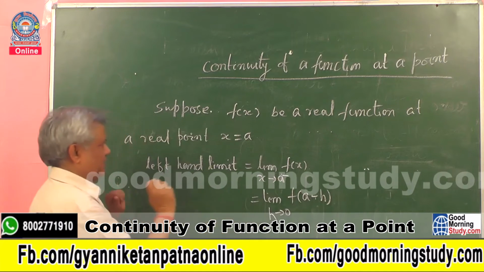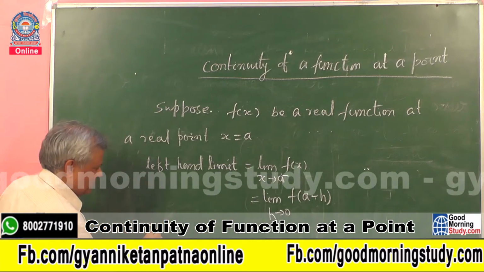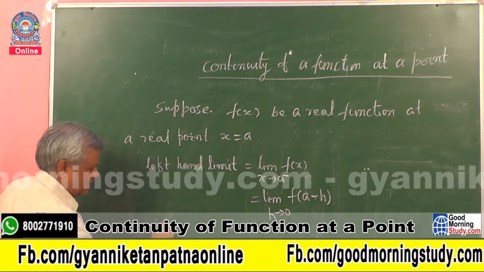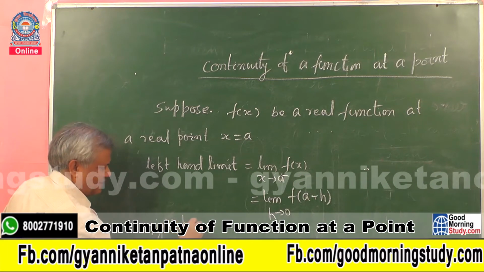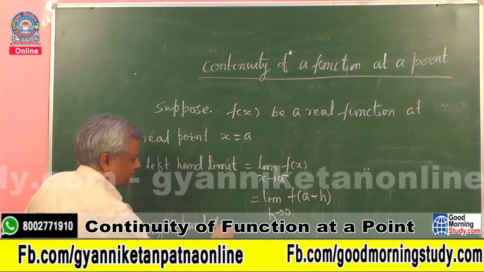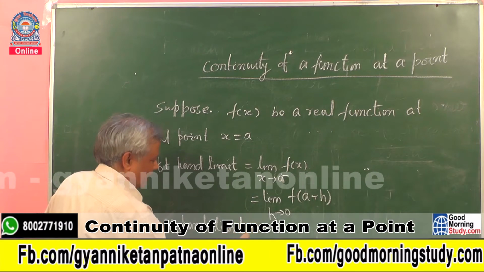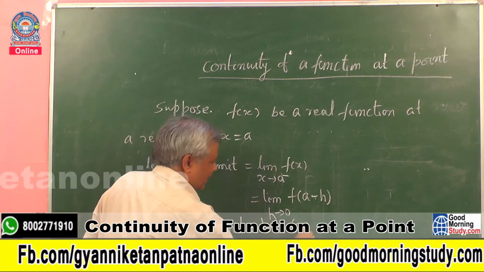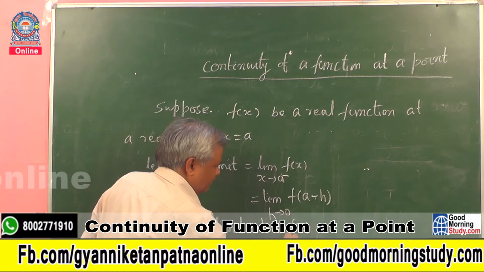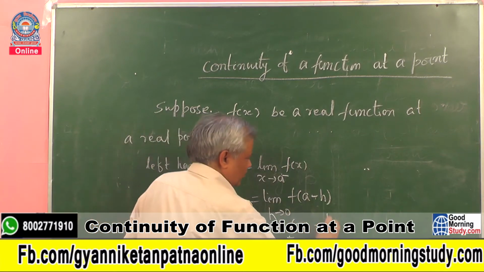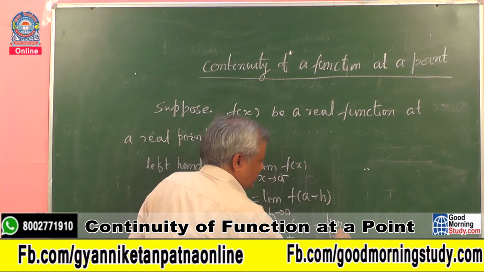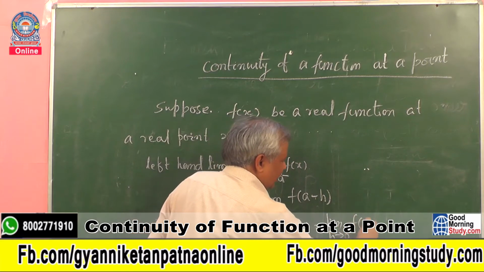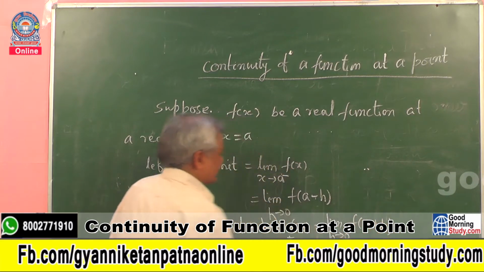This limit should exist. Right hand limit, that is limit of the function f(x), x approaches to a plus, that is equal to limit h tends to 0 f(a plus h).